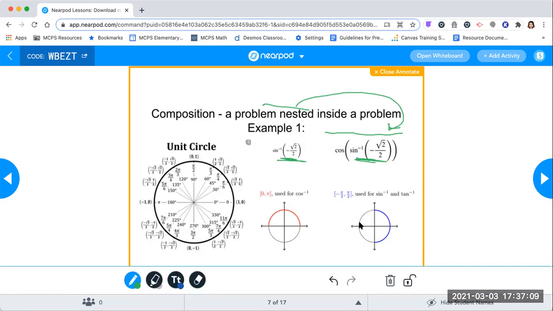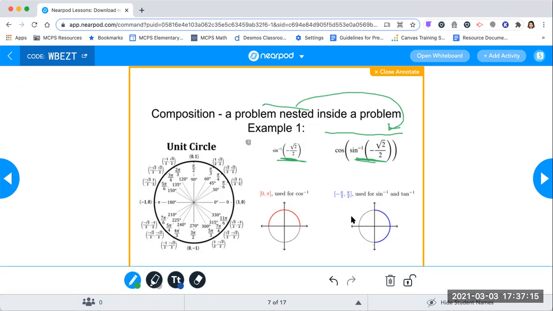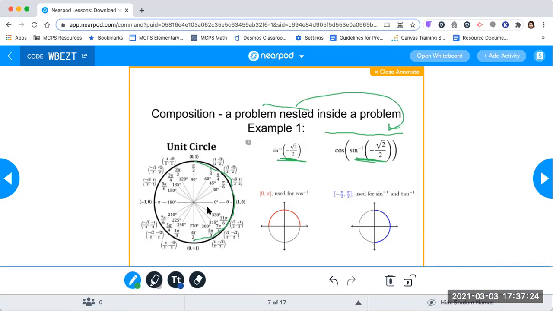Remember that for inverse sine, our range is restricted to negative pi over 2 to pi over 2. So where is our sine? On the right side of the unit circle, because that's where our sine range is. Domain is negative 1 to 1, and range is negative pi over 2 to pi over 2. Where is the sine negative root 2 over 2?